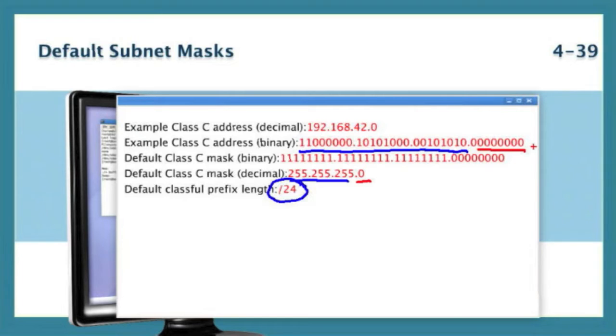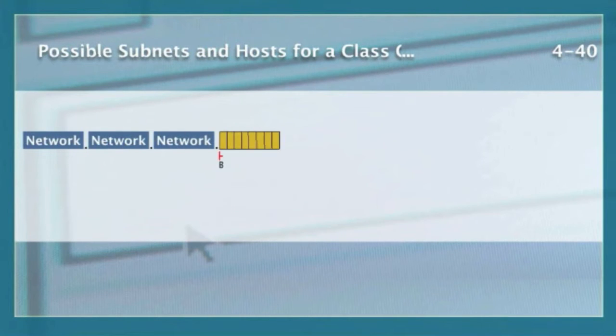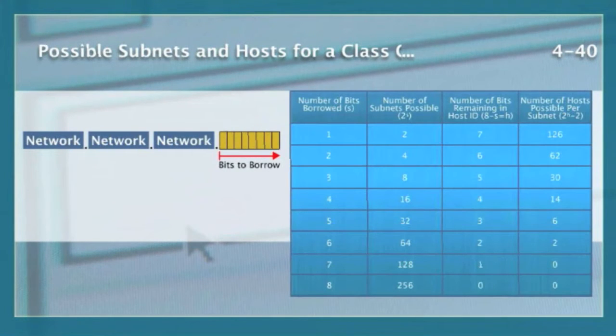Now, mathematically, it works out that the more bits you use to identify the network, the fewer hosts you can have on that network. What is the formula?